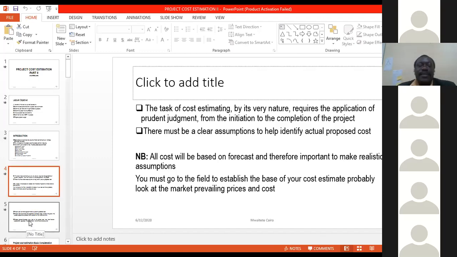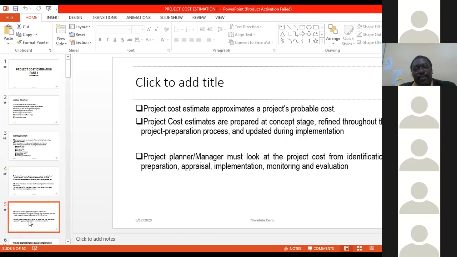Sometimes you can go and, based on the market price, see how much is going to be the labor cost, how much is going to be the cost of other materials, the cost of the machines, and so on. You may go to the market and the market will tell you the exact price for the related commodity that you're planning.